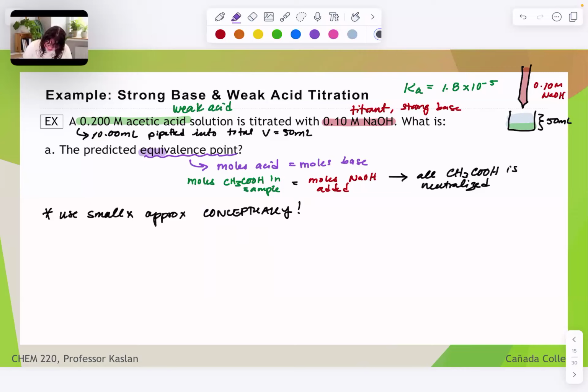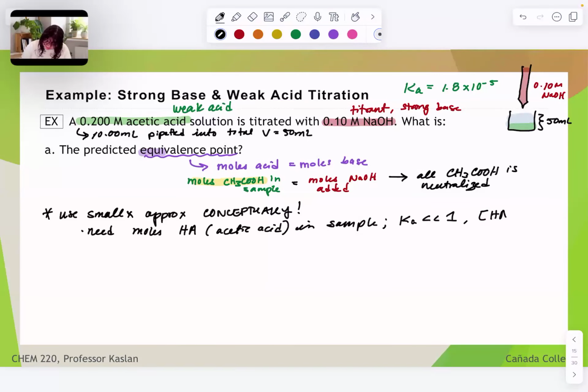because we need to figure out the moles of acetic acid that need to be neutralized. So I'm going to call it HA, our weak acid, acetic acid in our sample. And we know that since Ka is pretty small, the concentration of acetic acid, the weak acid, at equilibrium is equal to the concentration of acetic acid, the weak acid, initially.